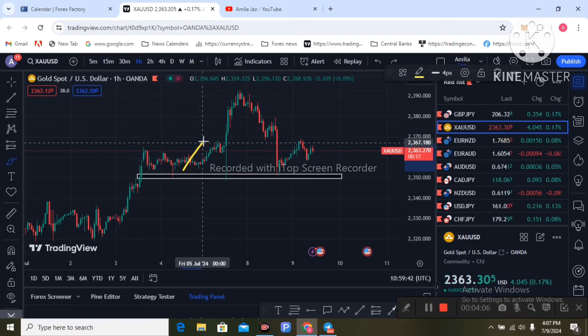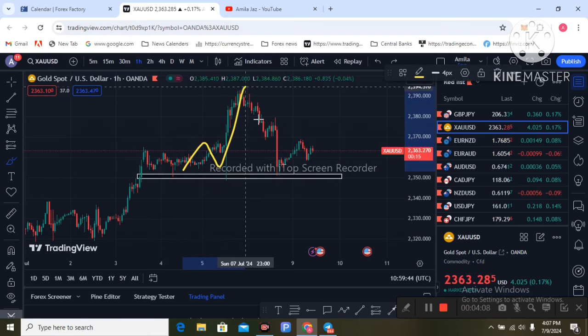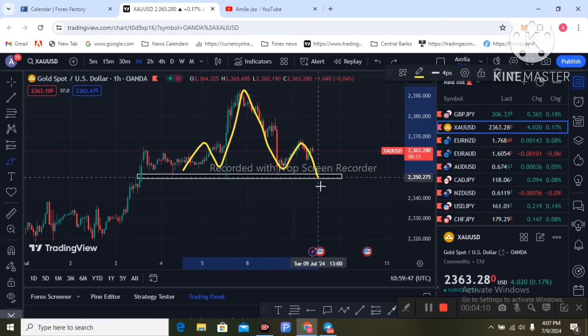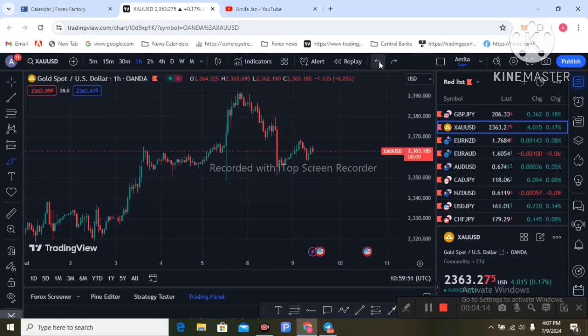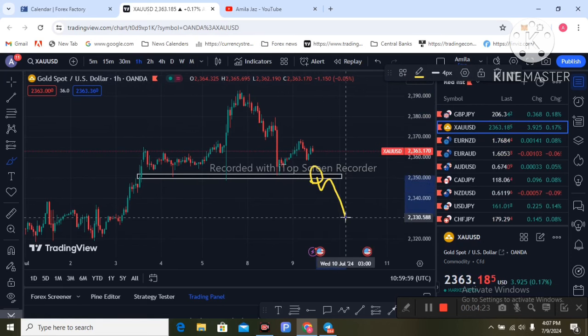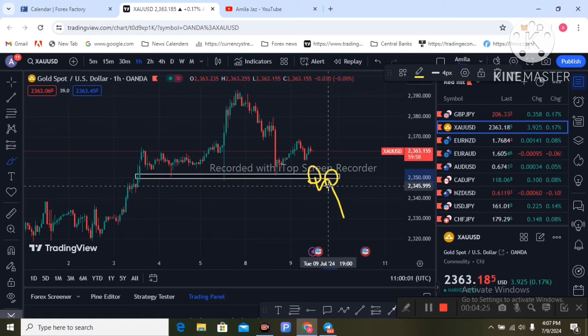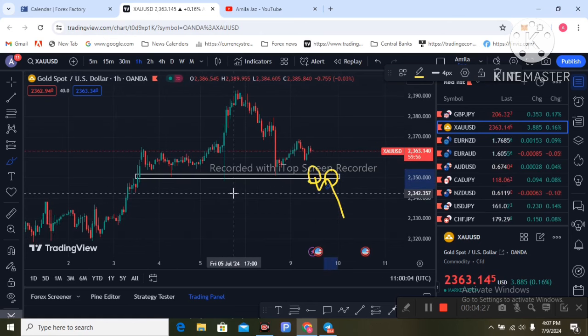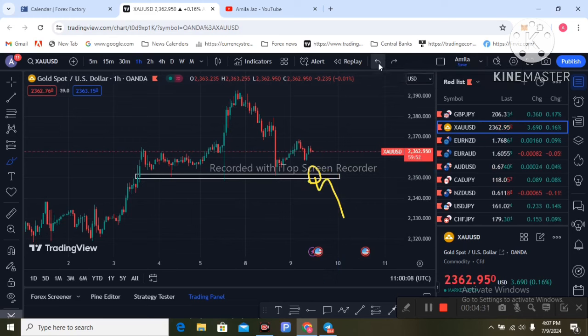This can be a head and shoulder pattern like this. So you should wait for this support line breakout, this 2350 level breakout, for your sell opportunity. Wait for the retest for your sell opportunity with the sell trade on the 1-hour chart.